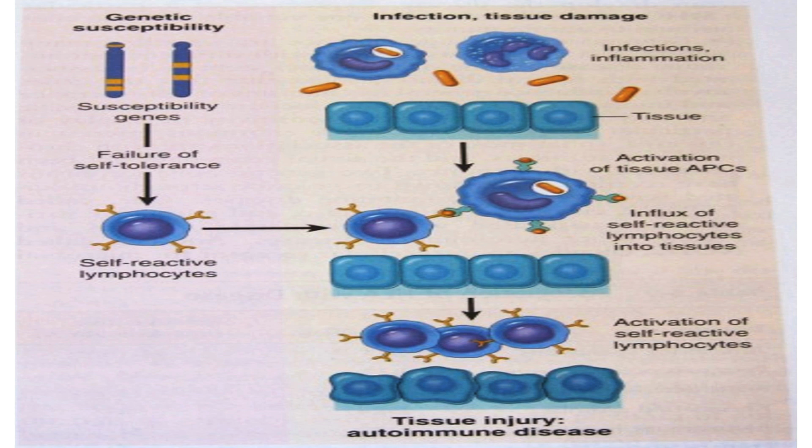Autoimmunity arises from many causes, including the inheritance of susceptibility genes that may interfere with self-tolerance, and environmental triggers. Triggers may be infections and other inflammatory stimuli that promote lymphocyte entry into tissues, activation of self-reactive lymphocytes, and tissue injury.